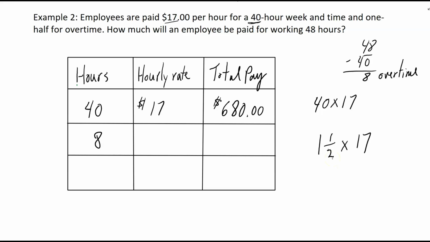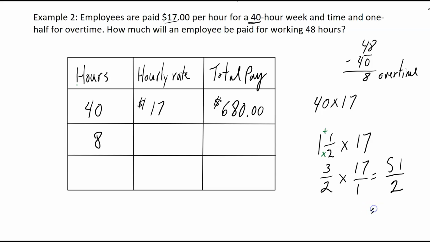So let's figure out that. Well, how did we do it? Well, we had to change the mixed fraction to an improper fraction, and that is 2 times 1 plus 1. That gives me 3 halves times 17 over 1. 3 times 17, 51 over 2 times 1.